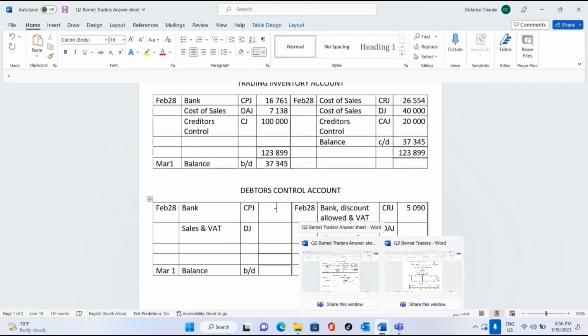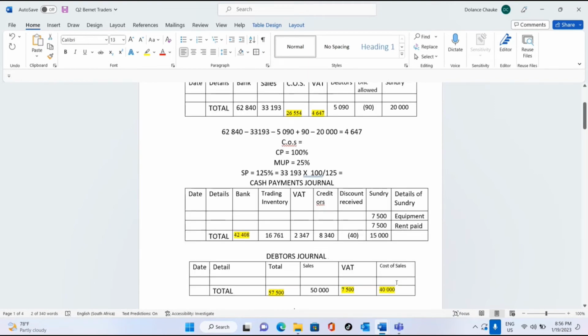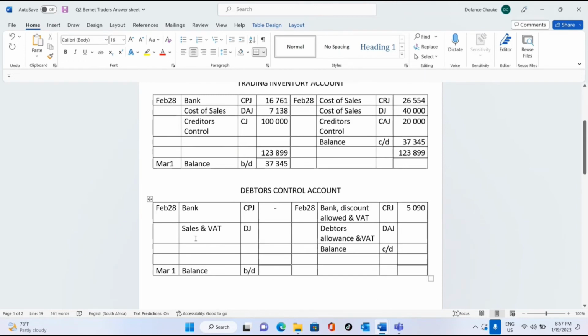Let's go to debtors journal and look for sales. How much is your sales there? We are going to take the total, 5,750, because you see they indicated for you that it's sales plus VAT.